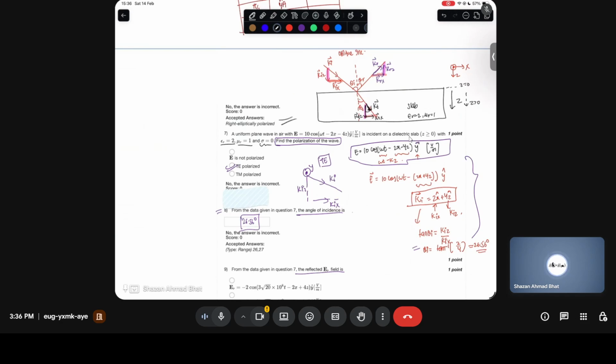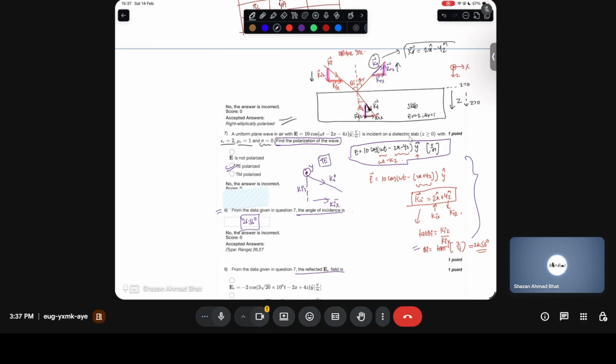So how do we now proceed with it? We had the k incident, we can write k reflected as the same 2x cap but minus 4z cap, because now the z is in the opposite direction. This was in this direction, the z component.